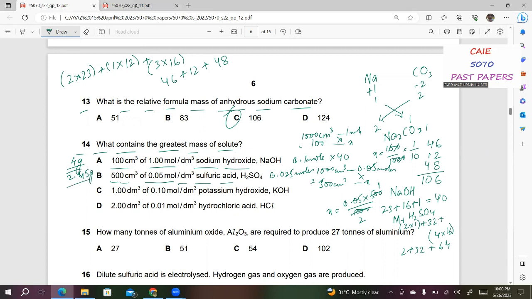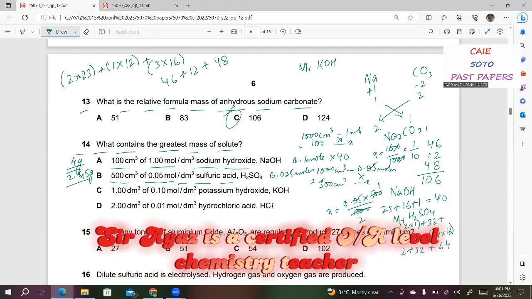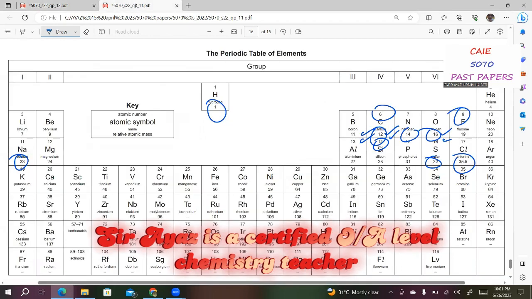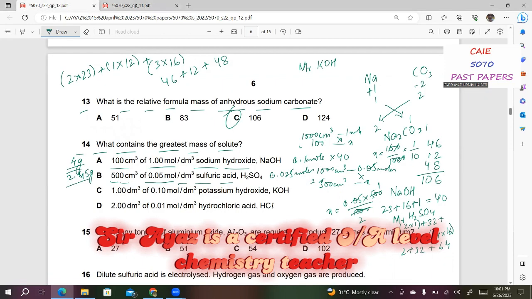2.45 grams for B. C, 1 dm cube of 0.1 mole per dm cube potassium hydroxide. So it must be 0.1 mole. So you have to multiply 0.1 by the MR of KOH. MR KOH. K is 39, plus oxygen is 16 plus 1 for hydrogen.